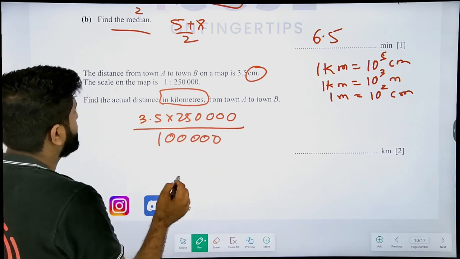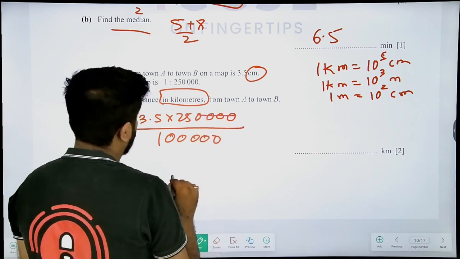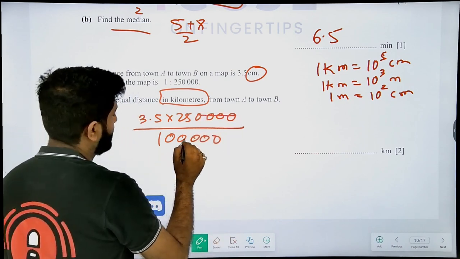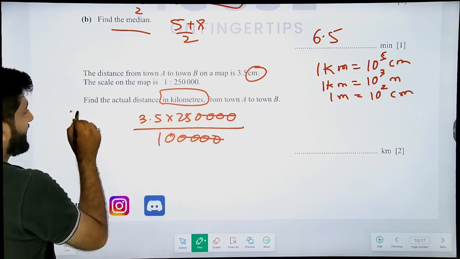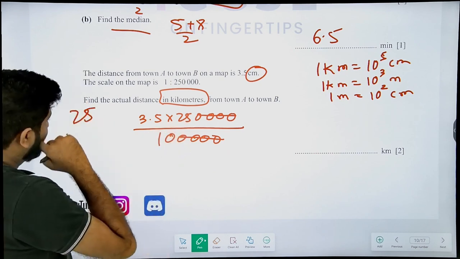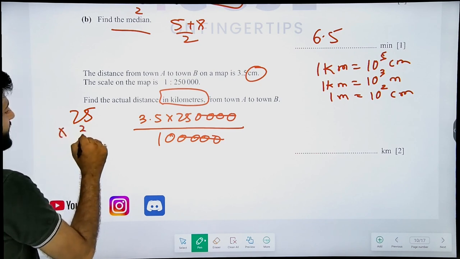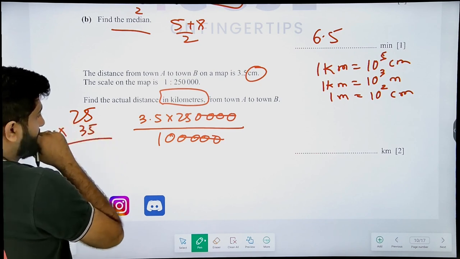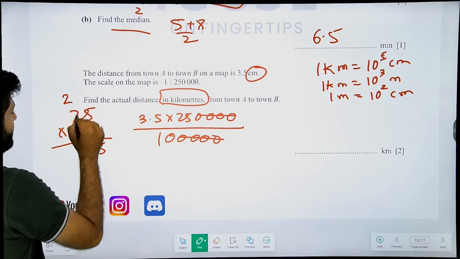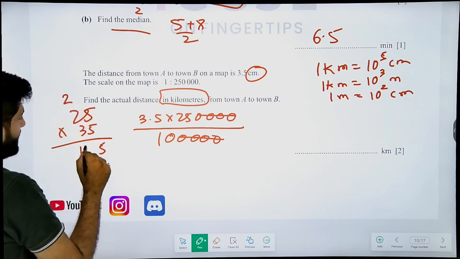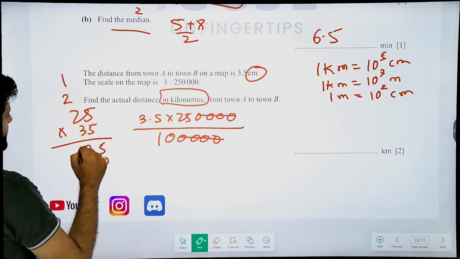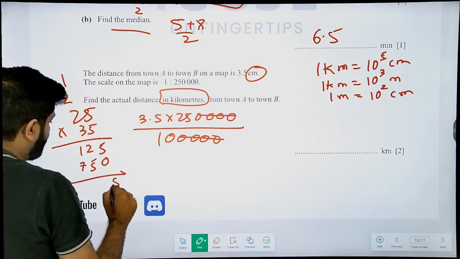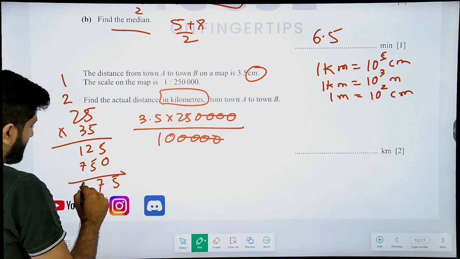Now let me cancel some of the zeros. 4 are going to get cancelled, even here I will be able to cancel 4 zeros. So let me multiply 25 into 35. So 5 5s are 25, 5 2s are 10, 10 and 2 are 12, 0, I have 15 and 7. So you have 8, 7 and 5.